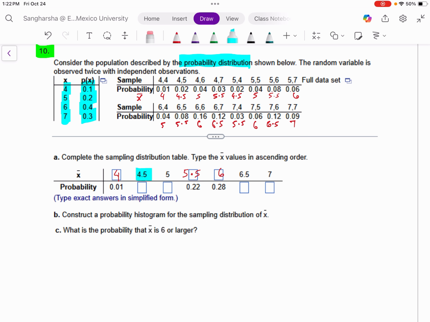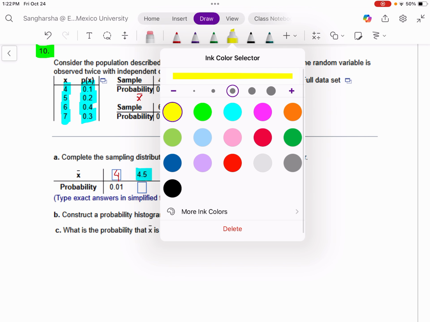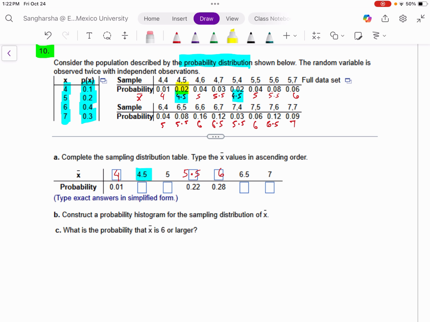Now we find the probability that our x bar is 4.5. So where do we have 4.5? Here 4.5, 4.5, yeah, those two. So you add this probability and this probability, which gives us 0.04.